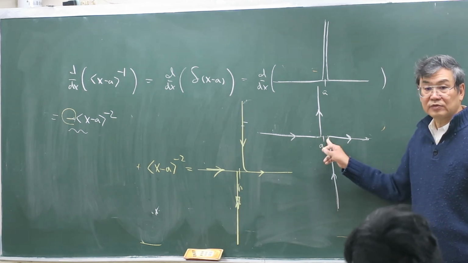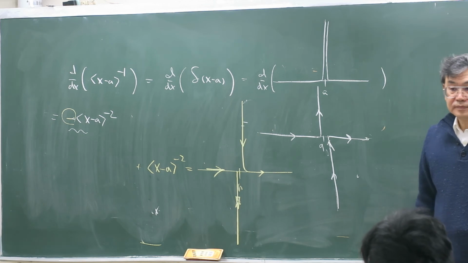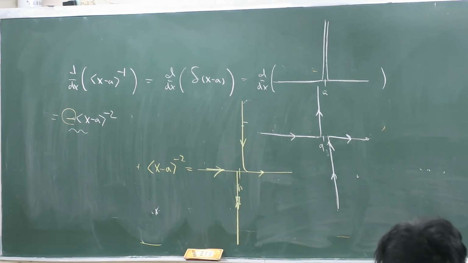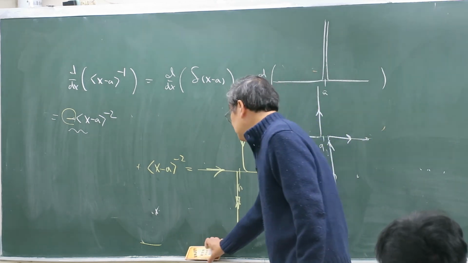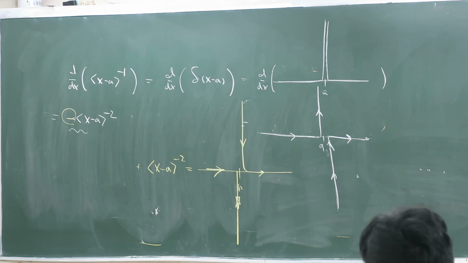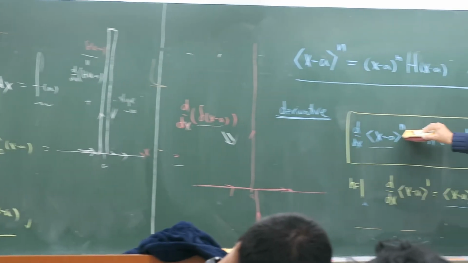This is a negative of this one. So this derivative, this is the integration. This formula is very important for when you make n equal to 0. N equal to 0, be careful.